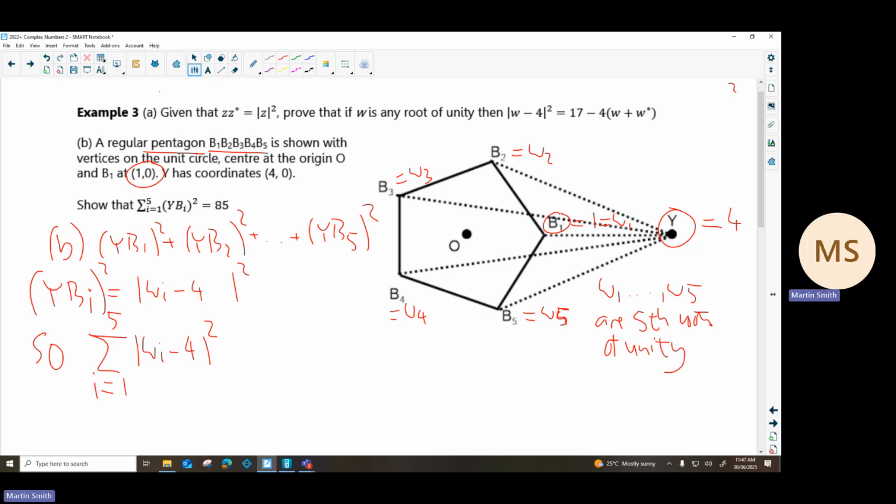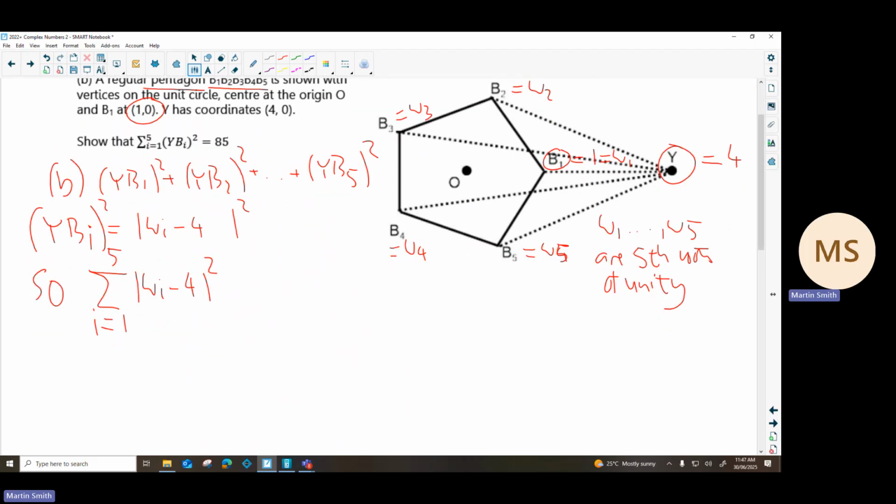Because they are fifth roots of unity, we can use the expression from part A, and I can write this as the sum from i = 1 to 5 of 17 minus 4 brackets Wi plus Wi star.